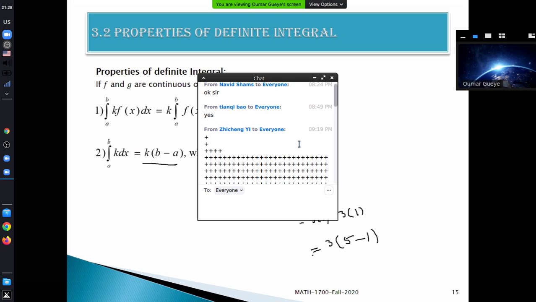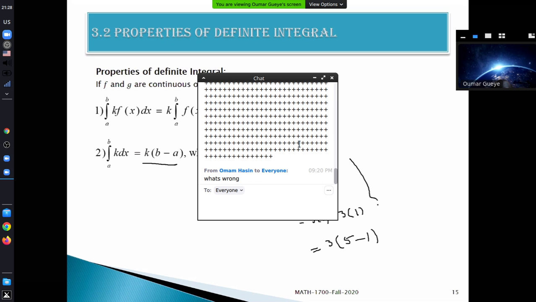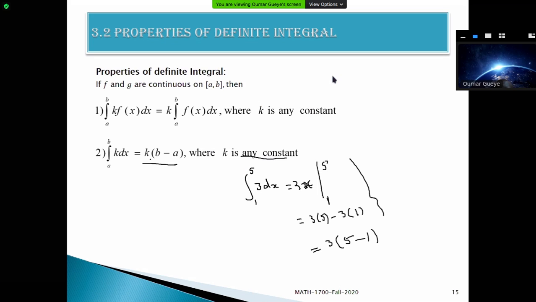You see, you don't need to do all this calculation that I did. If you keep this in mind, anytime you integrate a constant, it's going to be the constant times the width of the interval of integration. It's just the top minus the bottom times k. Top minus bottom times k, with k equal to 3, so we'll get 12 in this case.